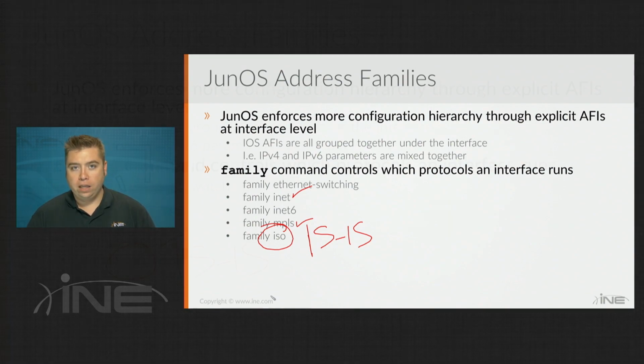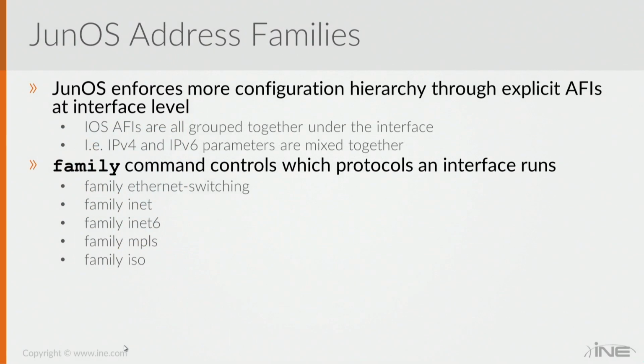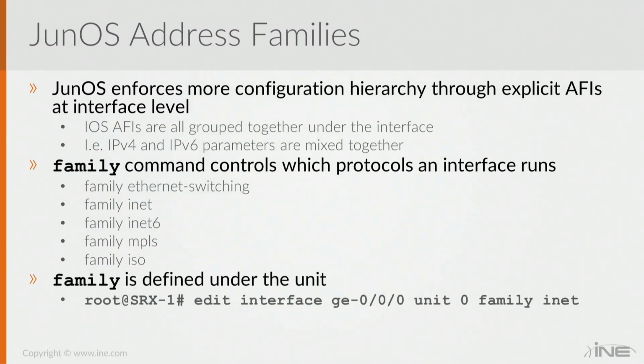Now, from a hierarchy point of view, the family goes under the unit, because different units, different subinterfaces, can have different IP addresses. So we could have an inet address on unit 0 while we have an inet6 address on unit 1. It just depends on how we manually bind the unit to the particular layer 2 address underneath.